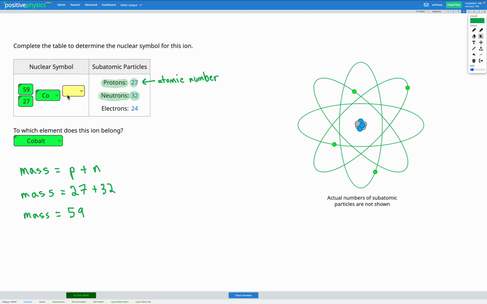Our final step is figuring out the charge on our ion. We know that protons are positively charged and electrons are negatively charged. So if we have more protons than electrons, we're going to end up with a positively charged ion. Whereas if we have more electrons than protons, we're going to have a negatively charged ion.